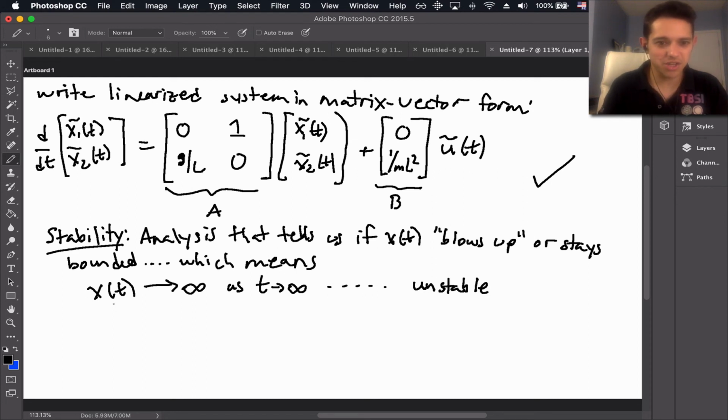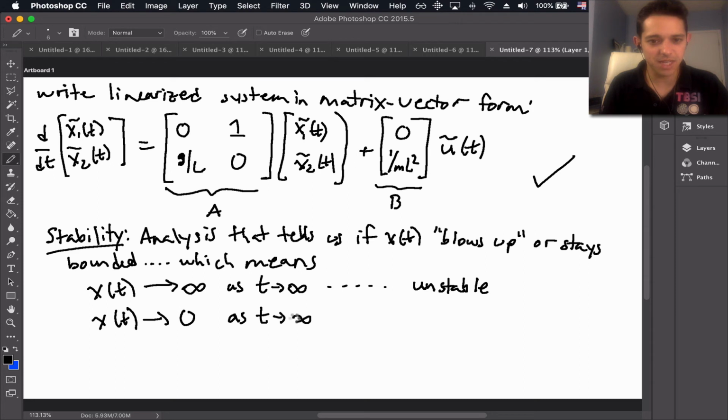We do not want to engineer our systems so that the states go to infinity, because that typically means something dangerous happens. Now, an alternative would be that the entire state vector goes to 0. That's very nice. Everything just stays calm, and as time goes to infinity, everything settles down to 0, which could be some nominal value, some nominal state. Okay, so that we call asymptotic stability.